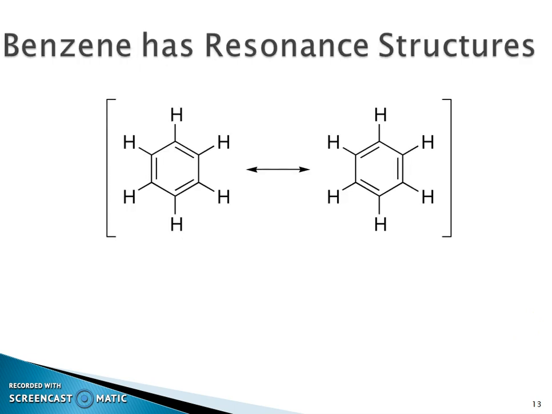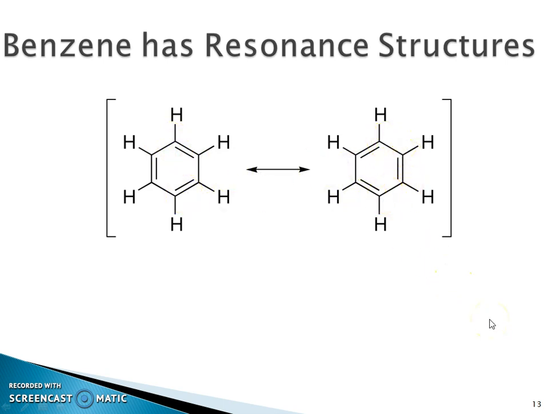Now, benzene also has what's called resonance structure. Now, to you, these two structures might look exactly alike, but they're slightly different in the fact of this is carbon number 1, 2, 3, 4. This is carbon number 1, 2, 3, 4. If you notice, the pattern is slightly different. Here we have double, single, double, but here we have single, double, single.